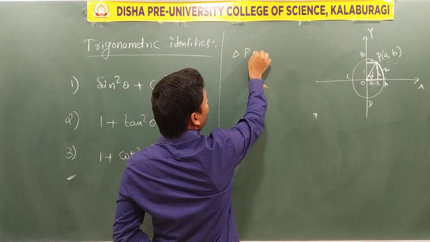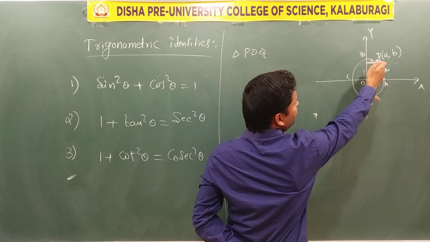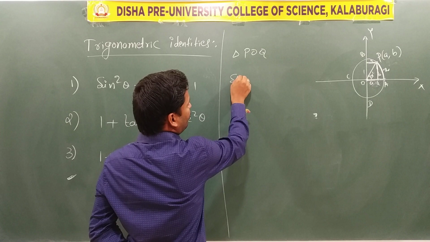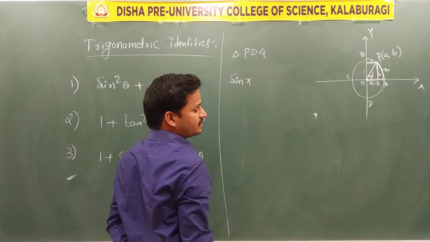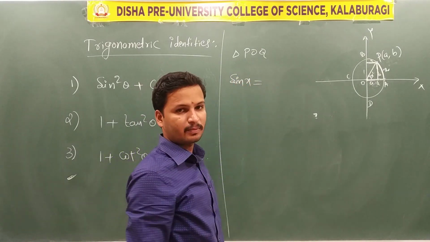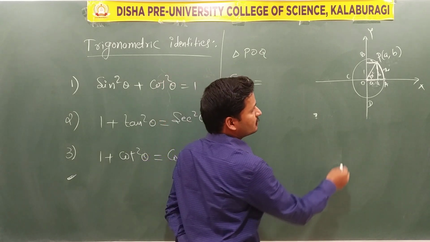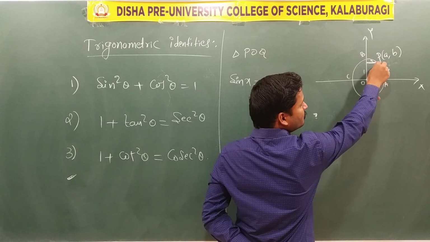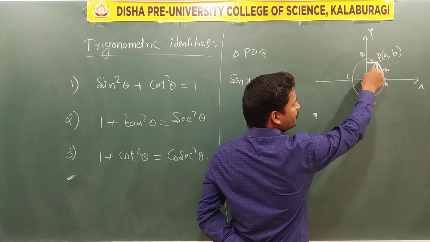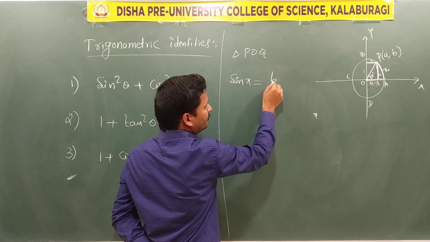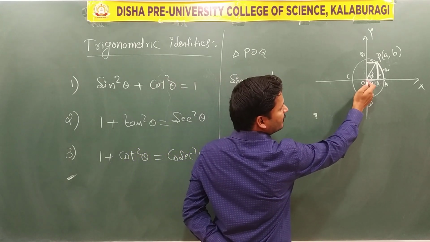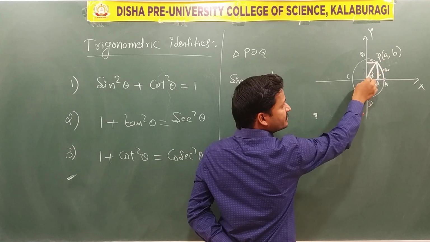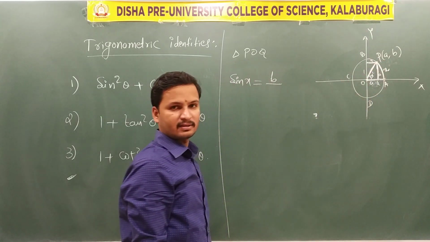From the triangle POQ, I will define the sine function. So sine x is equal to, by the definition, opposite divided by hypotenuse. Here opposite is B, and the hypotenuse is this one. So B divided by the hypotenuse. Observe here, the hypotenuse is the radius of the circle. Is it clear?